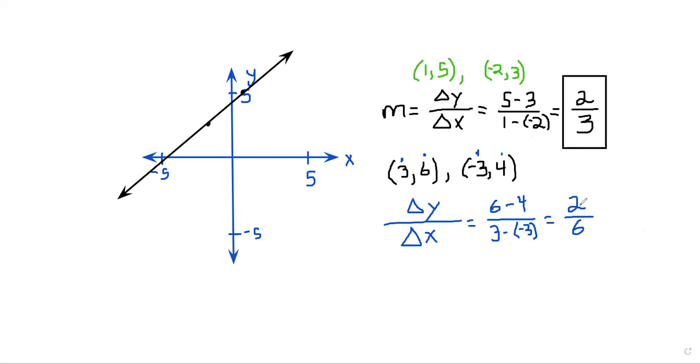It's not wrong in the sense, but you won't see it like that. You need to reduce it just like we reduced fractions in arithmetic. So 2/6, if we divide both the top and bottom by 2, we'll get 1/3. And that right there is the slope of these 2 points and of that line. And that's all there is to it.